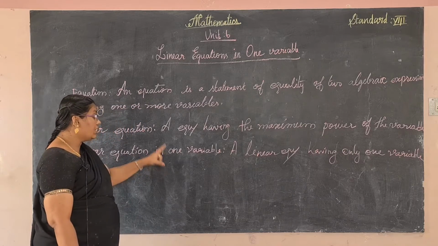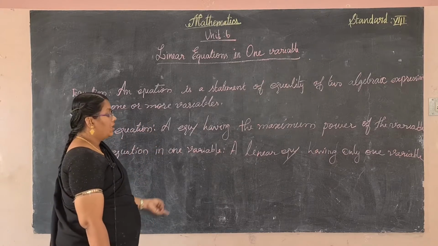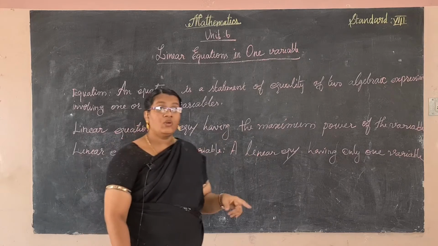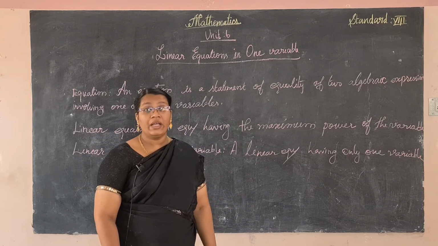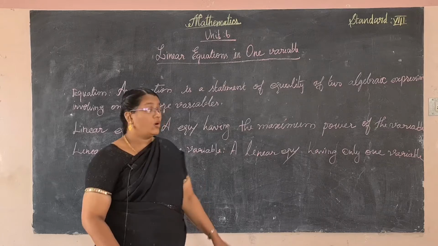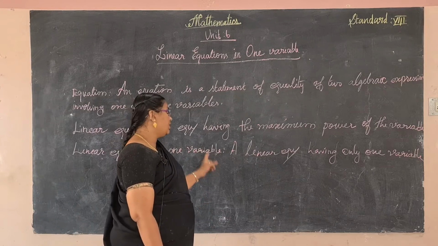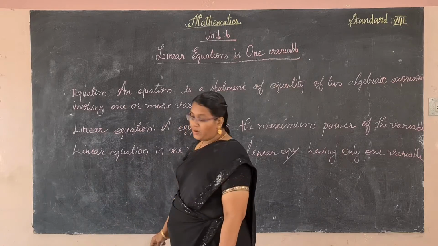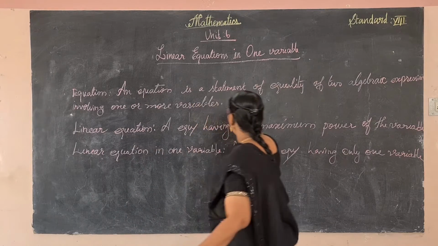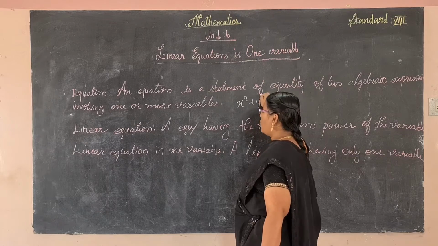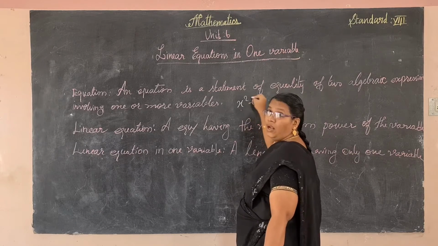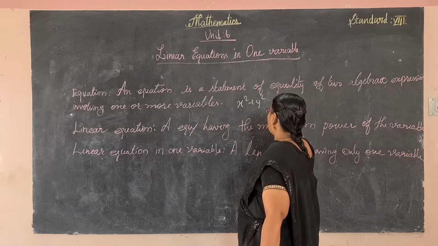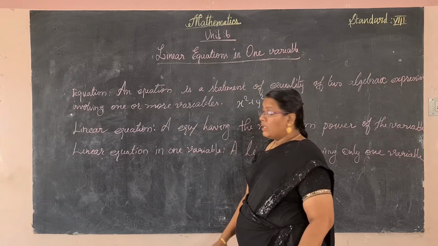Linear equation in one variable means a linear equation having only one variable. See this example of an equation: x square plus y square, with one or more variables, equating to something.